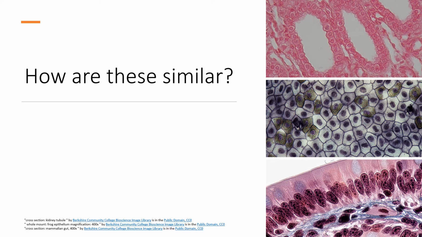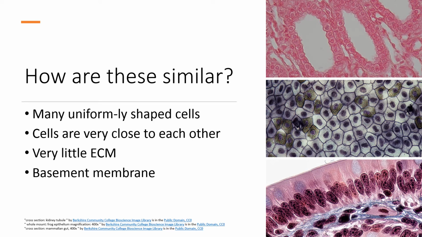Here are some things that I noticed that are similar among the 3 images on the right side of the slide. The one thing that I notice is that the cells in each slide have a somewhat uniform shape. For example, all of the cells in this image here look roughly about as wide as they are tall.